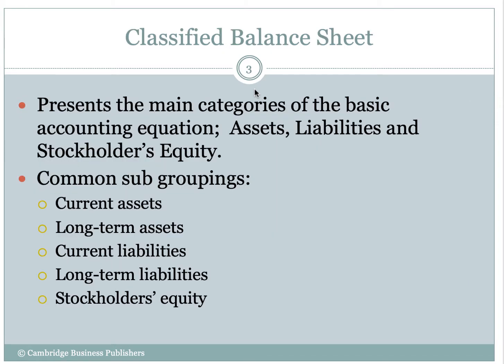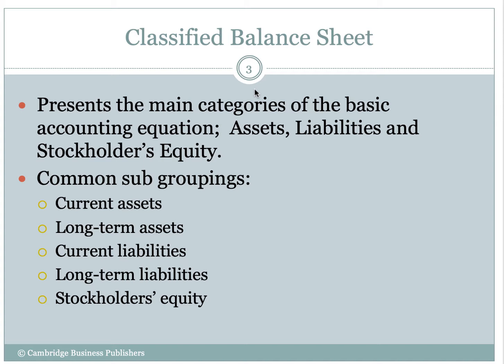So just like the regular balance sheet that we talked about last chapter, the classified balance sheet does the same thing, right? Meaning it still presents the accounting equation. We still have our assets, we still have our liabilities, we still have our stockholders' equity.